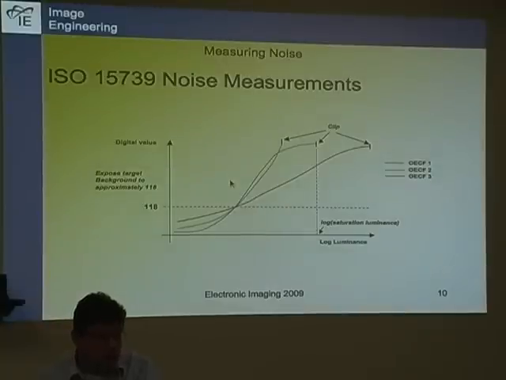So changing that to the way that cameras use the 118 digital code value for the background, we will get pretty much the same signal-to-noise, not the same signal-to-noise ratio, but the same signal level for this mid-gray tones.